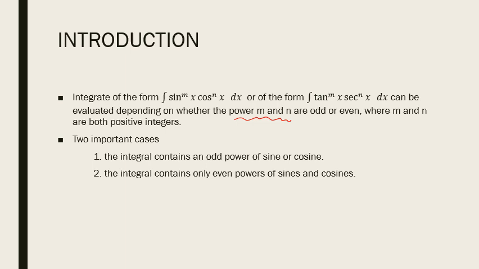M and n are odd or even and must be positive integers. Two important cases: integrals containing odd powers of sine and cosine, and even powers of sine and cosine. So how do we integrate the form of integration like this?